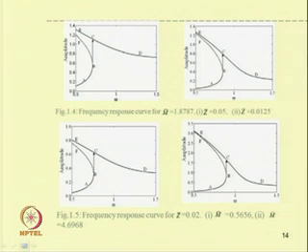Similarly, this frequency response has been plotted for a different value of mass ratio. One can see the system response for different mass ratios, and the upper curve is for different base excitation. By decreasing the base excitation, here the base excitation is 0.05 and this is 0.0125.